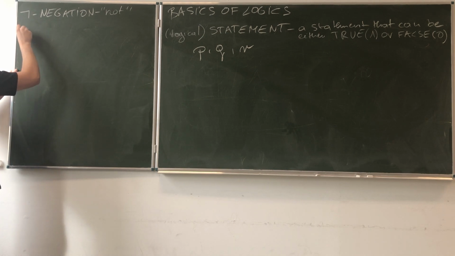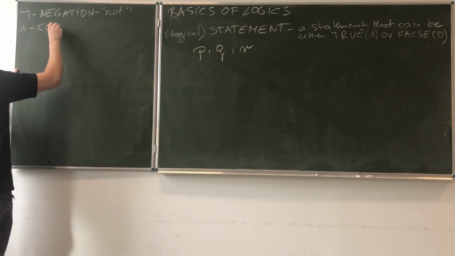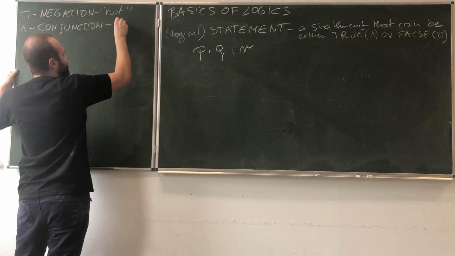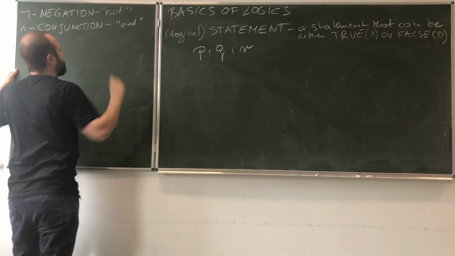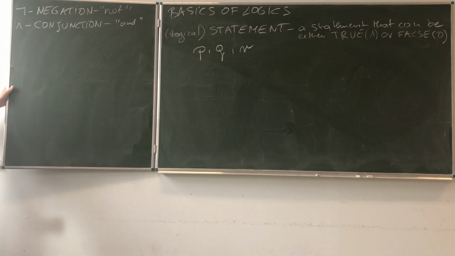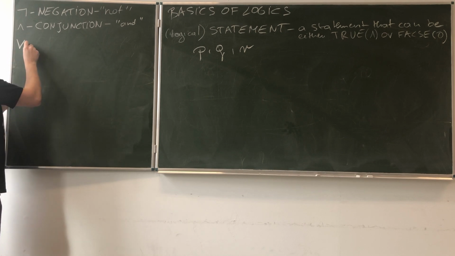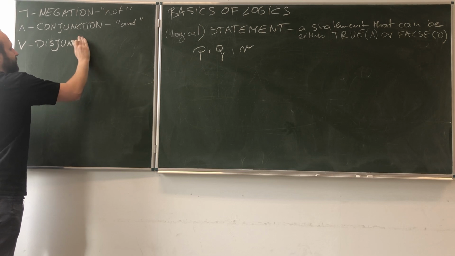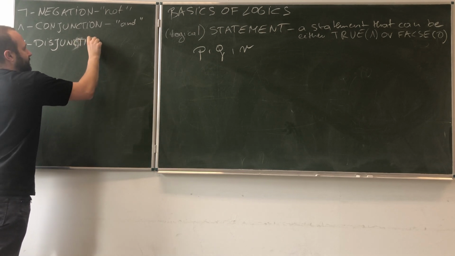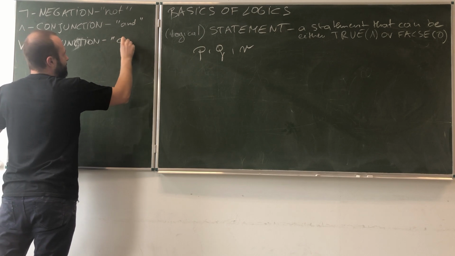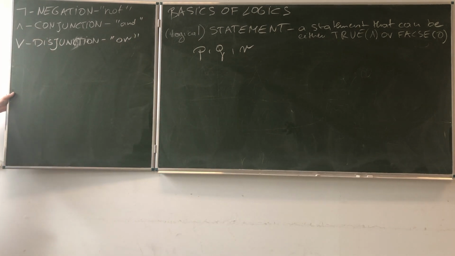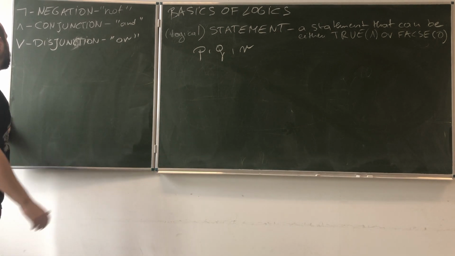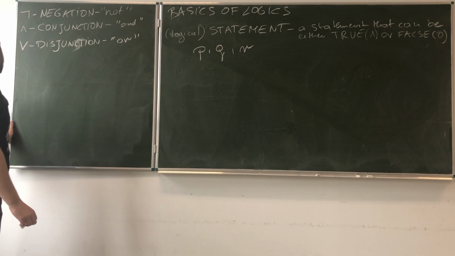Then we've got conjunction, and we read it as and. Then we've got disjunction, we read it as or. Well, an alternative name for disjunction is alternative, so we can use them interchangeably.